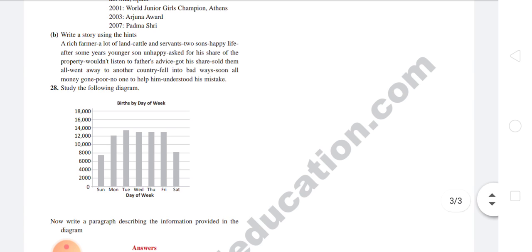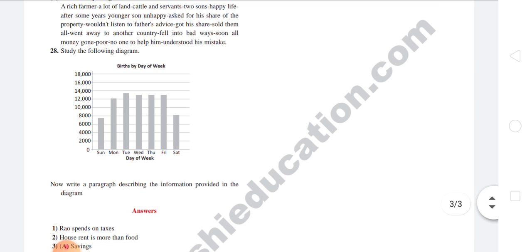Then the 28th question. It is definitely a more important question of this question paper, and in this we will get a bar diagram or pie diagram or tree diagram, whatever it may be. Just as in the first to 5th questions, the same thing will happen again in the 28th question. Based on the given chart, what should we do?